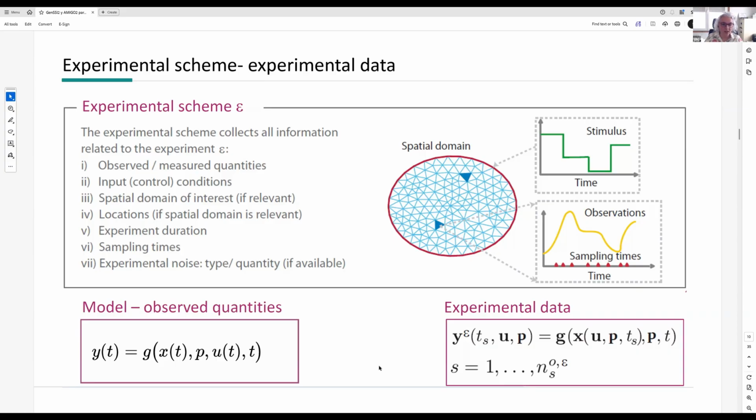What will be critical at the time of trying to reconcile the model with data is what you have measured. And this mathematically will be represented as a function here, which will depend on the state variables typically.